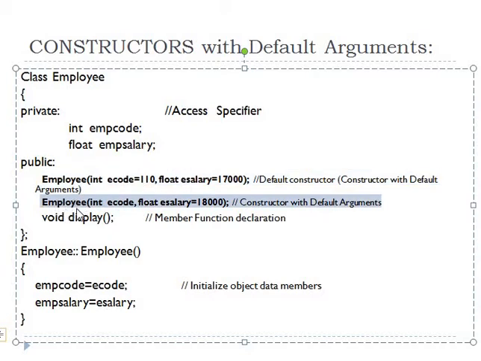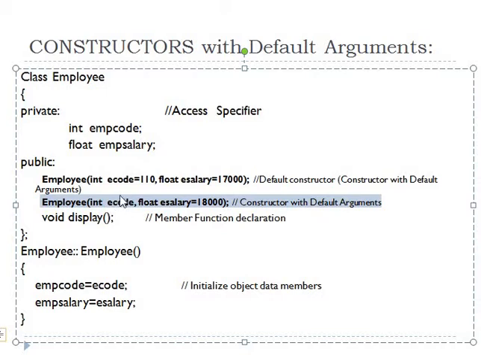But if you look at this constructor, only one parameter out of eCode and eSalary has been assigned a default value. Here only one parameter, that is eSalary, has been assigned the default value, which is 18,000. That is why this is not a default constructor, as all its parameters are not assigned initial default values.